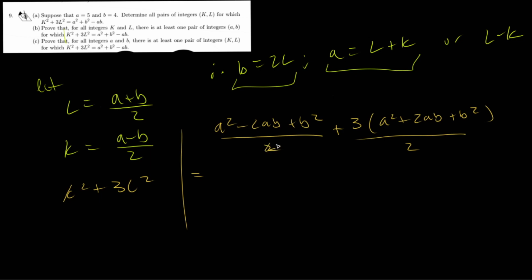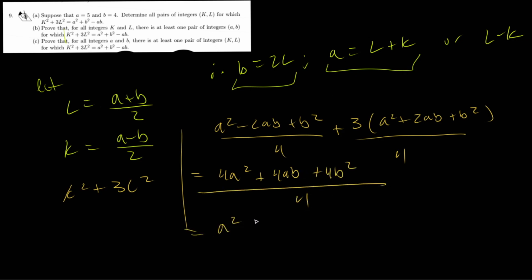Sorry, I think it's a 4 here actually. Yeah, it's a 4. So these are actually both 4. And we could just add these two terms together. So it'll be 4a squared plus 4ab plus 4b squared all over 4.